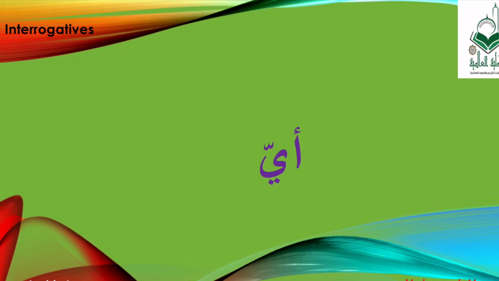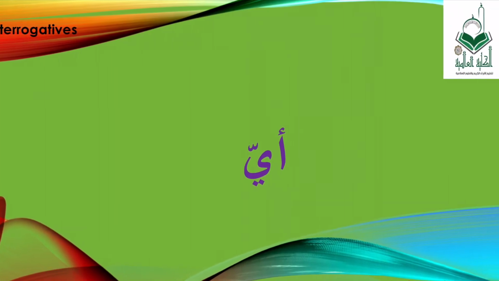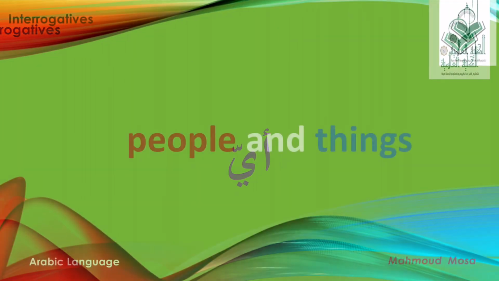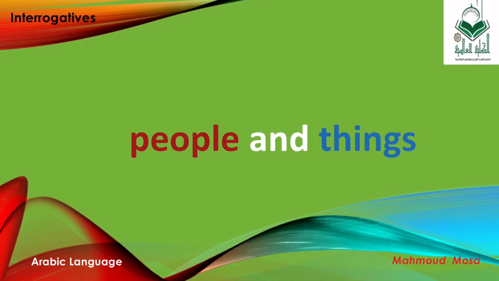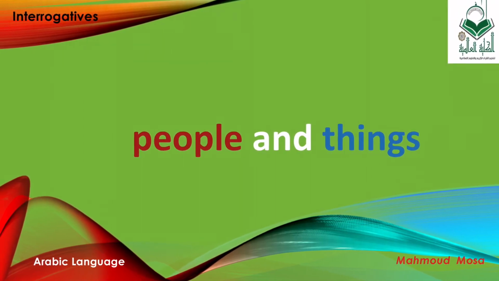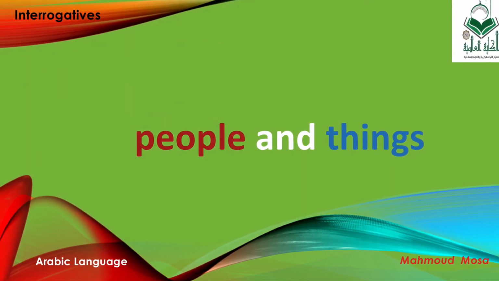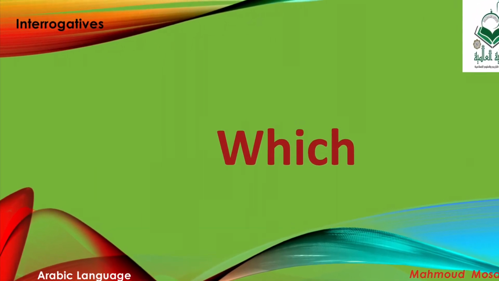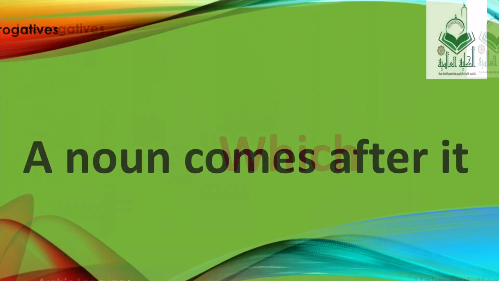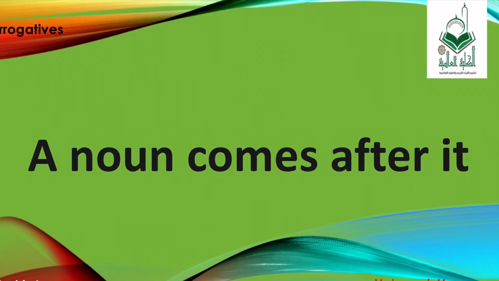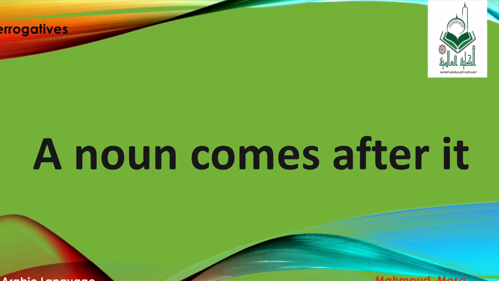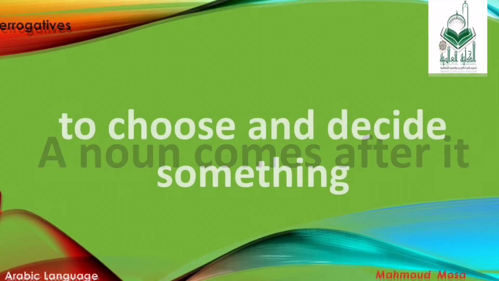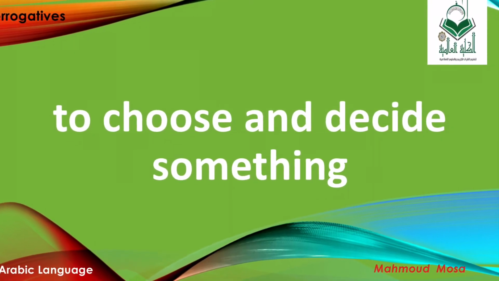Then we have the interrogative أي. It is used for both people and things. It means which in English. A noun comes after it. It is used to choose and decide something.